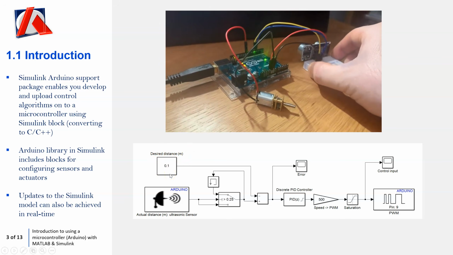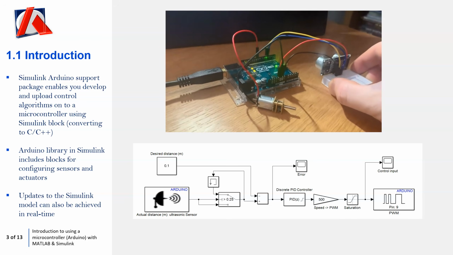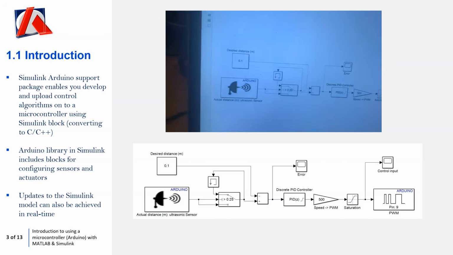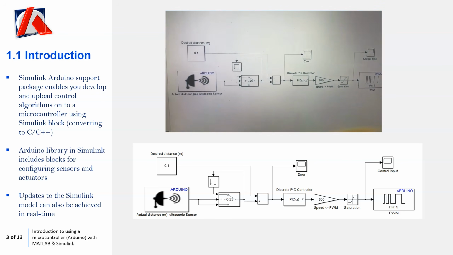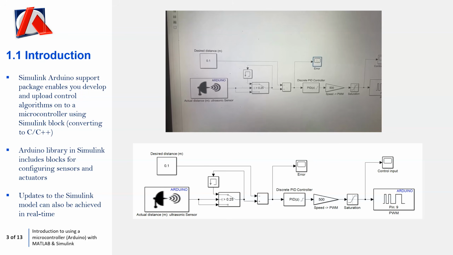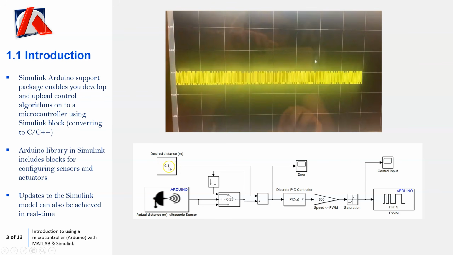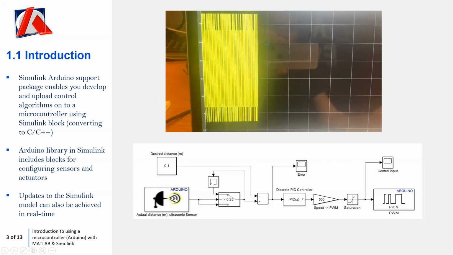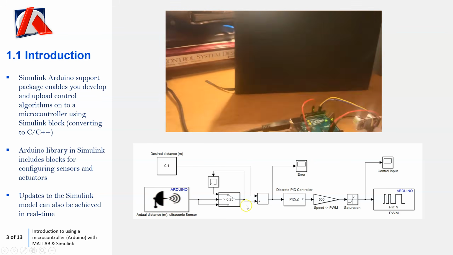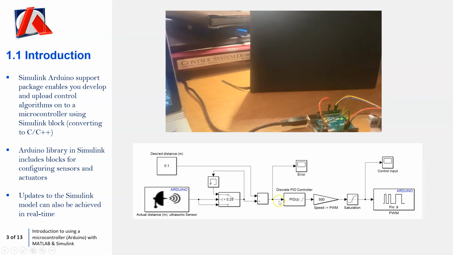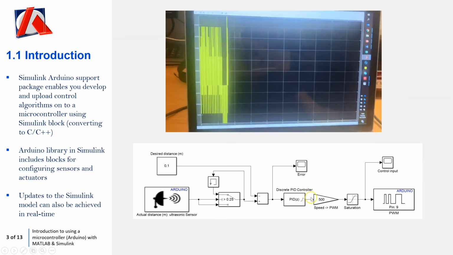So what you'll notice when you're watching the video is when the distance is around 0.1 meters, the motor switches off, or I should say when it's approaching 0.1 meters, the speed of the motor reduces, because that's your reference, your desired distance. What you'll also notice here is this block. This is the block that we're using for the ultrasonic sensor, and it goes into the summing junction. One is taken away from the other, and then we form an error, and then the error is multiplied by the PID block.